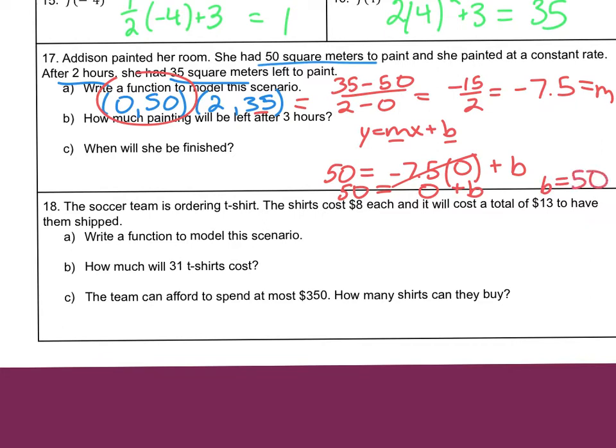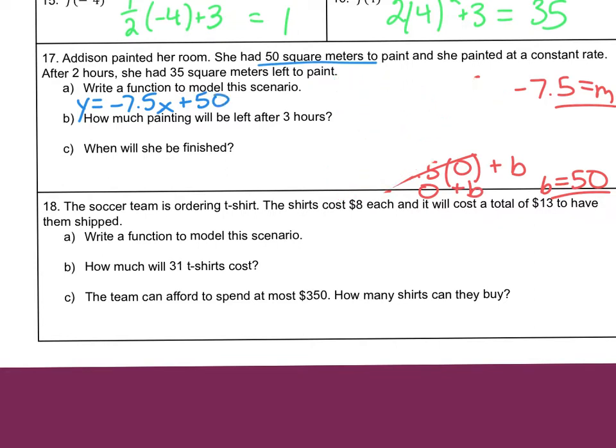Now I have b and m, so I can write a function to model this: y equals negative 7.5x plus 50. Since they said function, I could put f of x instead of y, because that's the proper way to write function notation, but I know it means the exact same thing, and I'm not going to count it wrong if you give me a y.